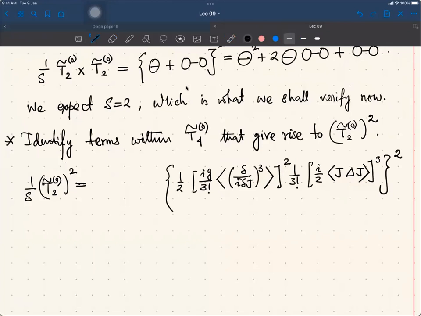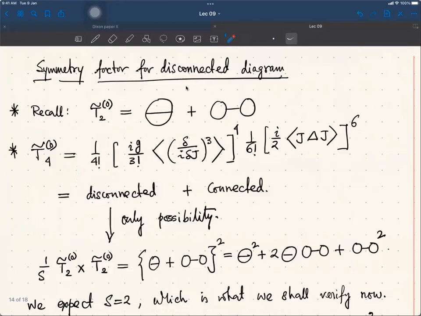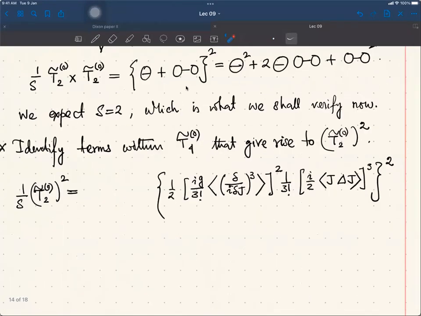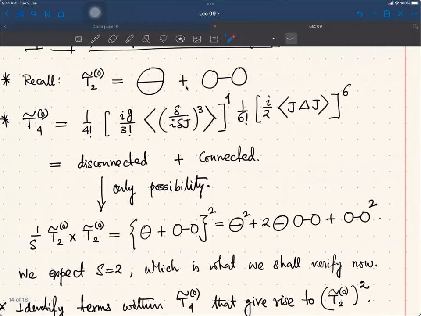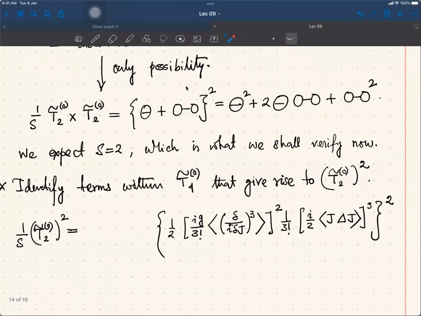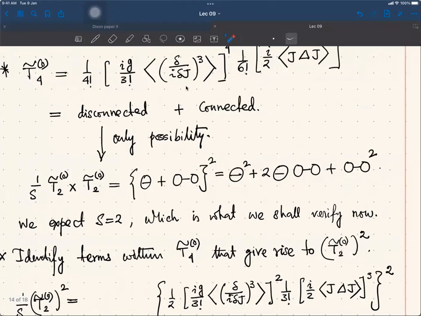Of course, the number of derivatives and the number of sources match. The number of derivatives is 6 from each one, but then there is a square, so there are 12, and similarly the number of J's is 12, which is 3 times 4, and that matches with T tilde 0,4. This is just simple counting, because T tilde 0,2 squared has 4 vertices, and it's a vacuum.